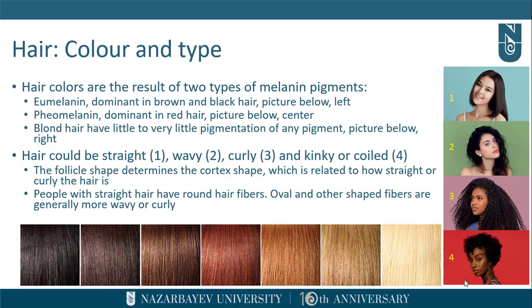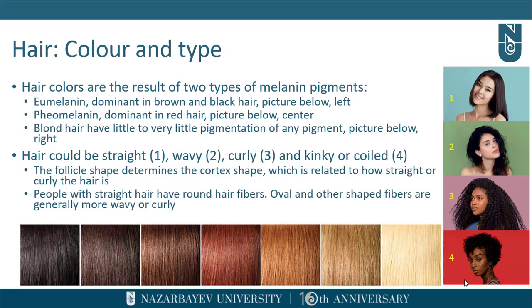And regarding the texture and the color, different hair color results from differences in melanin type. So our hair color is genetically determined, and we have two different melanin pigments like eumelanin and pheomelanin.